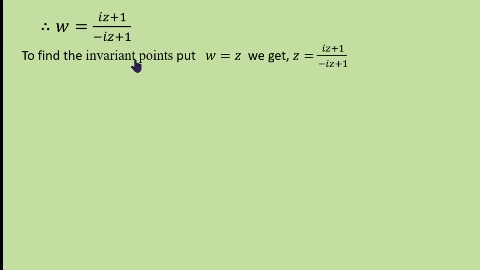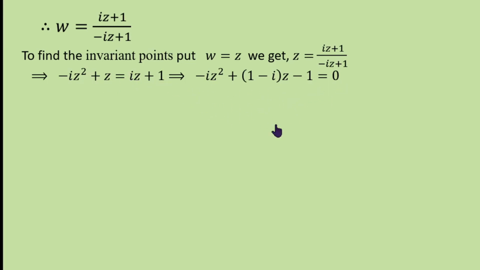To find the invariant points or fixed points, replace W by Z. When W is Z, so Z equal to iZ plus 1 by minus iZ plus 1. Now to arrange: minus iZ squared plus Z equal to iZ plus 1, or minus iZ squared plus Z minus iZ minus 1 equal to 0.